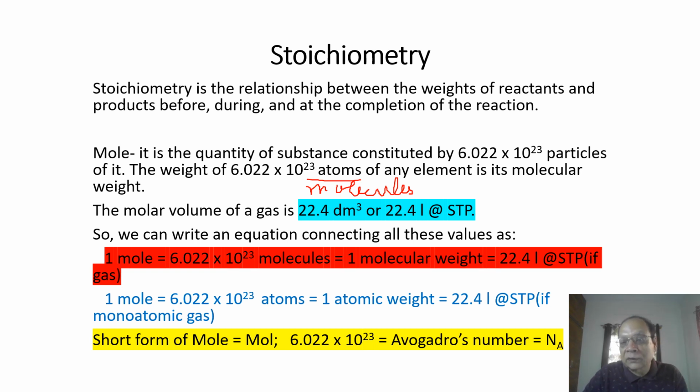And if it is atomic element like iron, copper, then it is 1 atomic weight.